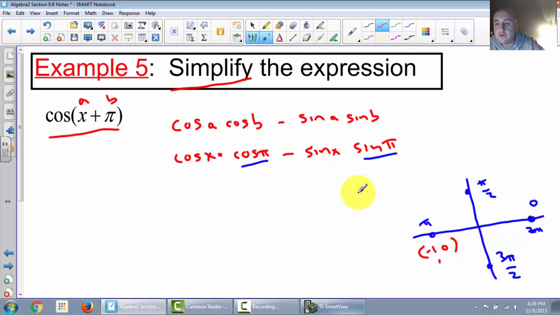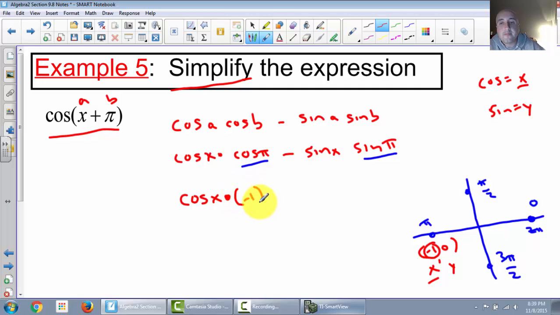Okay? So remember, x, y, cosine equals x, sine equals y. All right, so on this one, we don't know what cosine of x is, so I'm going to just bring that down. We're going to multiply that by cosine of pi. If cosine's x, what's my x value? -1. So this cosine of pi is equal to -1.